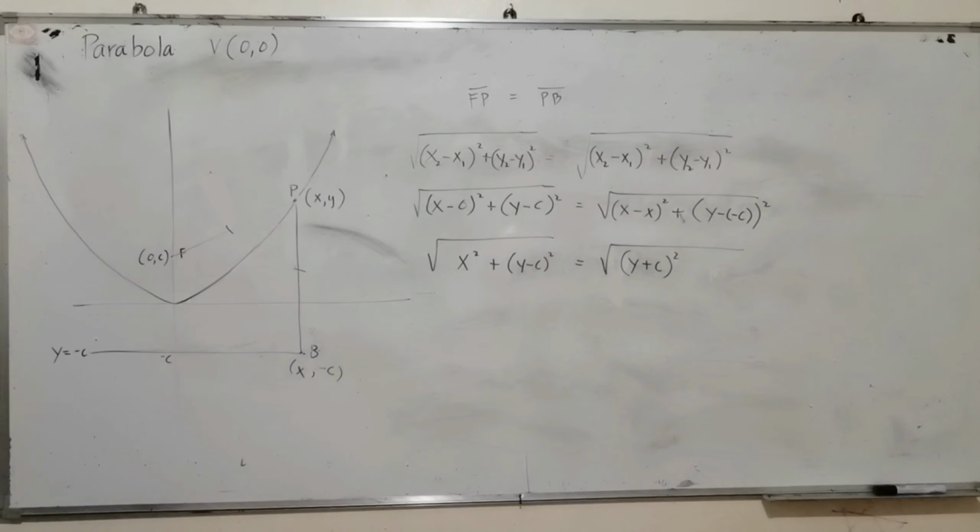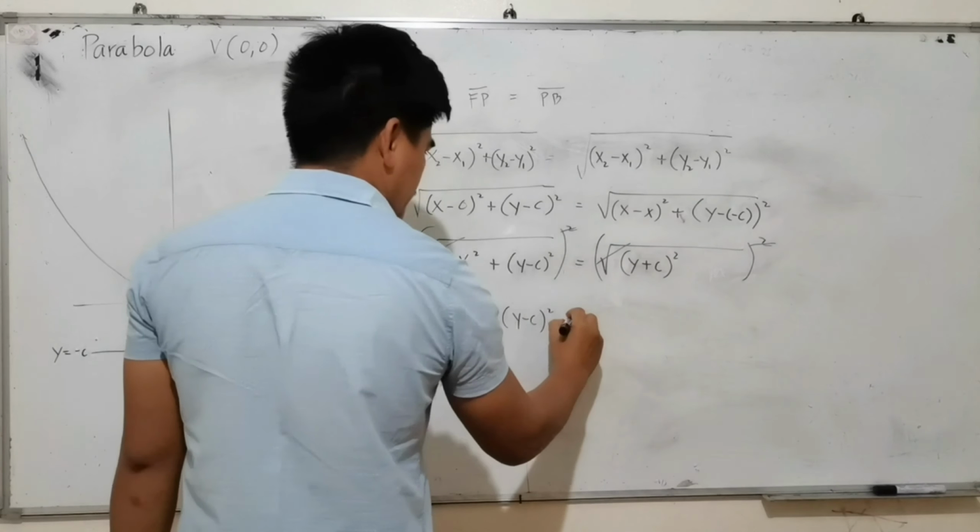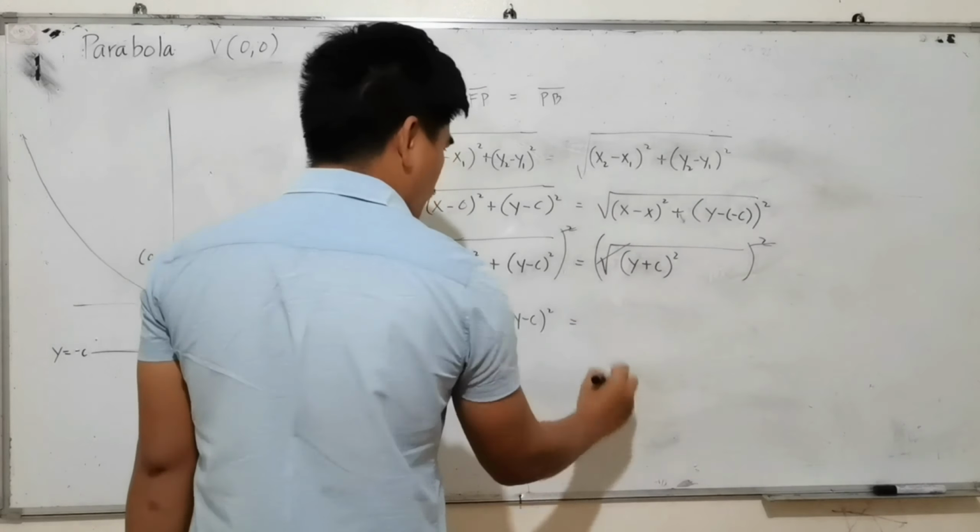Now, let's continue the process. To remove this radical symbol, let us square both sides. What is left is x squared plus (y minus c) squared equal to (y plus c) squared. What is (y minus c) squared?